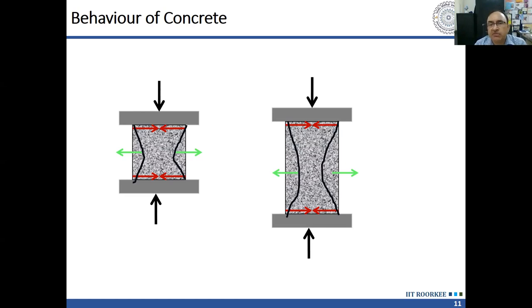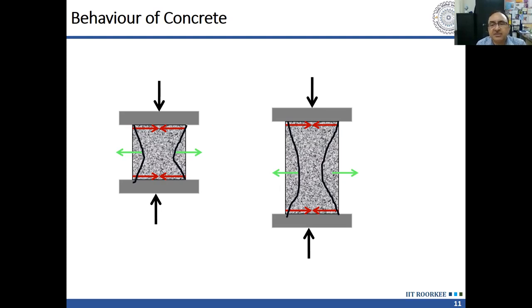So even when we are testing a cylinder, the volume of the concrete is less, and chances of a weaker section in that volume are less as compared to the real volume in the structure. As a result, the cylinder strength is also higher than the actual strength of the concrete in the structure. So we have to apply a correction factor for this effect also, which we call size effect.